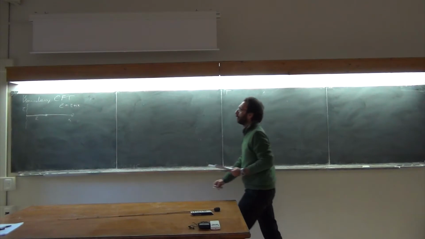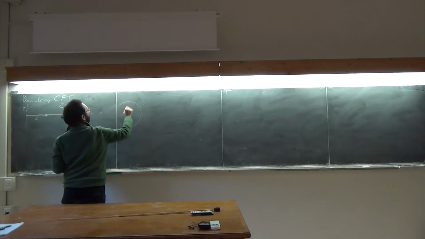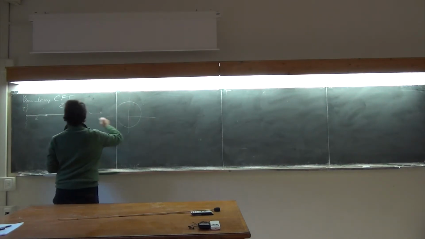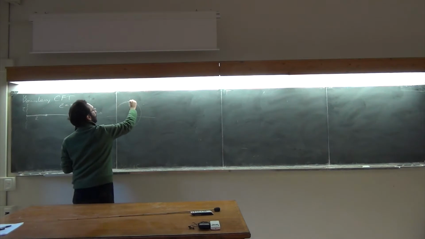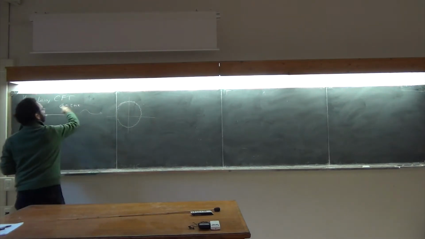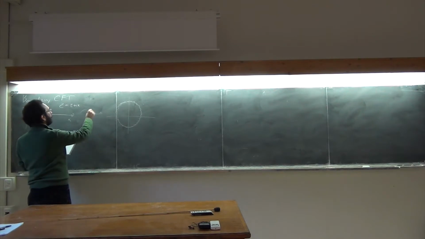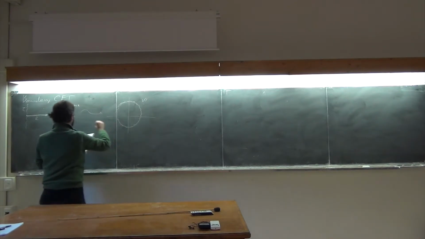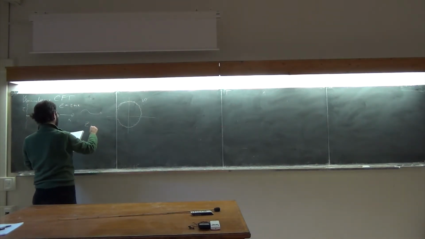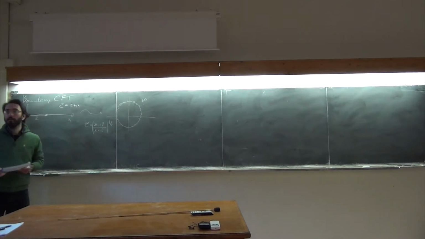And this object can be uniformized, this time into a disk of unit radius, just for simplicity. This is the plane Z, this is the plane W. What we have to do is make Z equal to (W minus iL) divided by (W plus iL) to the power 1 over n.